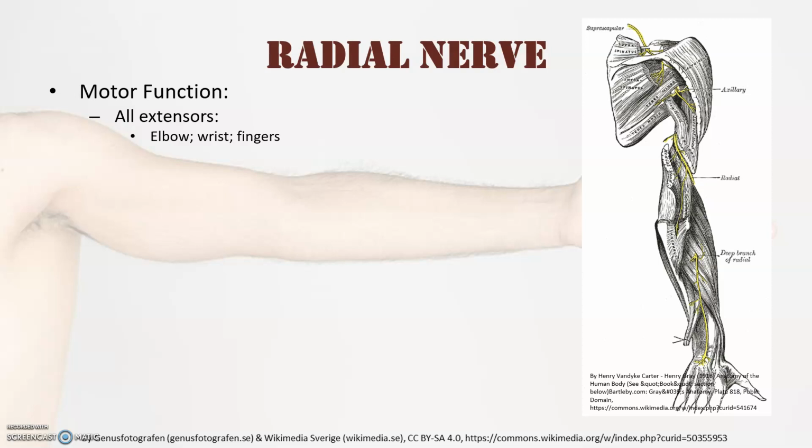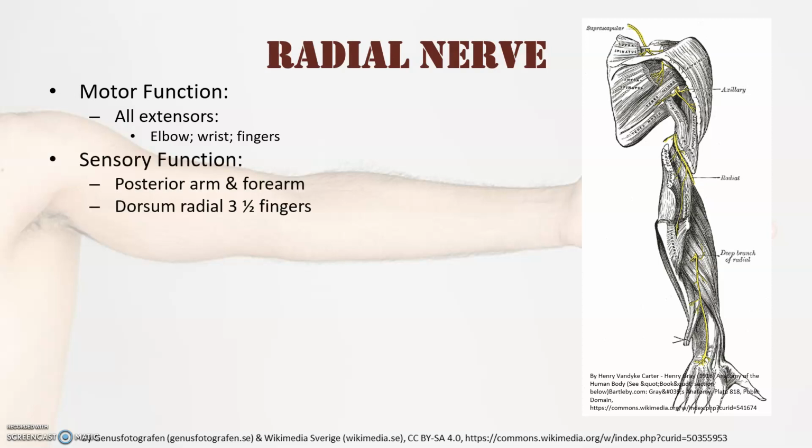It supplies all extensors of the elbow, wrist and fingers, except for the few muscles that are innervated by the axillary nerve. It also provides sensation to the posterior arm and forearm and the dorsal radial 3.5 fingers. The medial 1.5 fingers dorsally are supplied by the ulnar nerve.